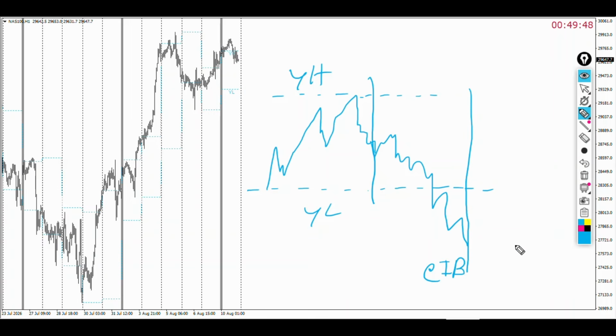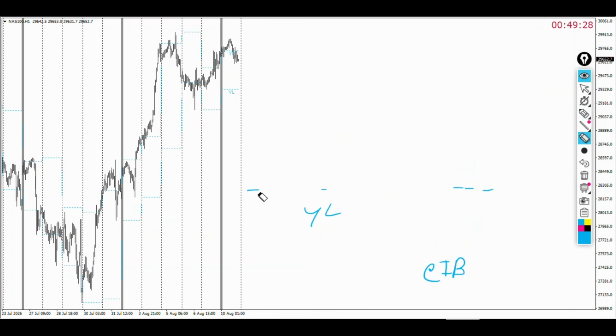Right now, why is this close in breakout important to us? First you understand the CIB. CIB means it closes above or below the yesterday high or yesterday low. So CIB is one kind of signal, like the other kinds of signal day we use, like inside day, first green day, first red day.